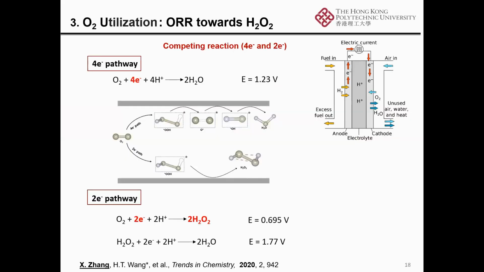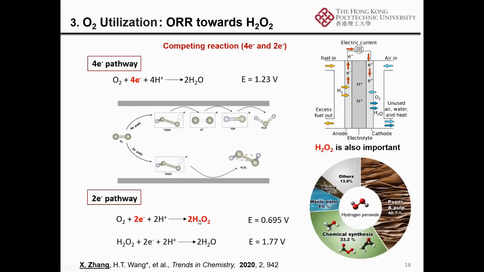For oxygen utilization, previously oxygen was normally used for fuel cells, with 4 electrons to produce water. But recently there's another way, with 2 electrons to produce hydrogen peroxide. What motivated this work, frankly speaking, is COVID, because hydrogen peroxide is very important, not only in paper treatment and chemical synthesis, but also in disinfection.